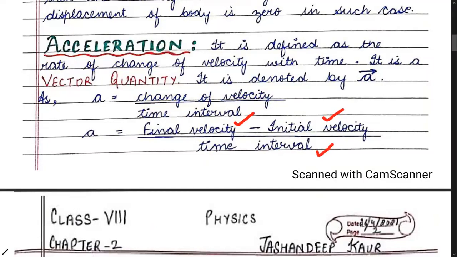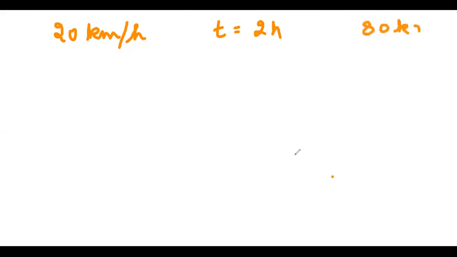Children, for example, if a body is moving with the speed of 20 km per hour, and after a time of 2 hours, it gains a velocity of 80 km per hour. So the speed has increased within 2 hours.